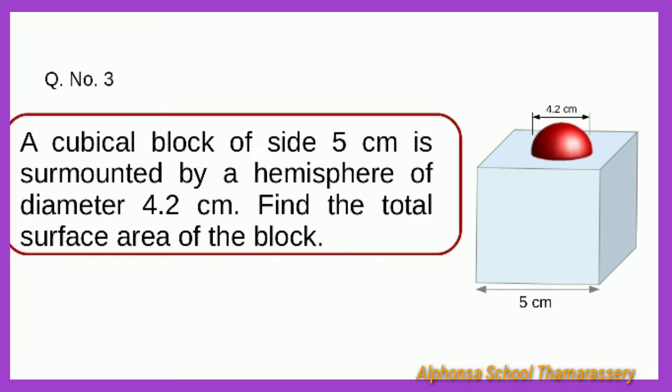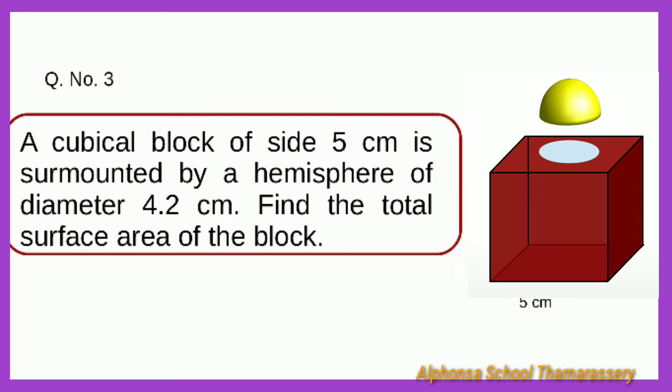So the total surface area of the block is equal to total surface area of cube minus base area of hemisphere plus curved surface area of hemisphere. Note that the part of the cube where the hemisphere is attached is not included in the surface area. That's why total surface area of cube minus base area of hemisphere.